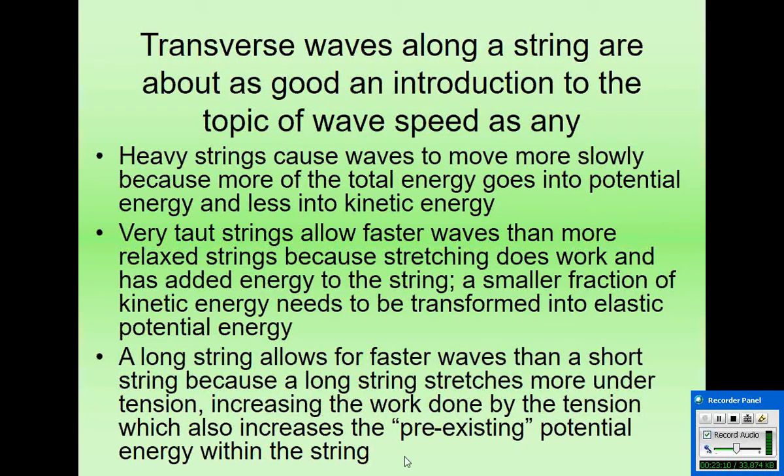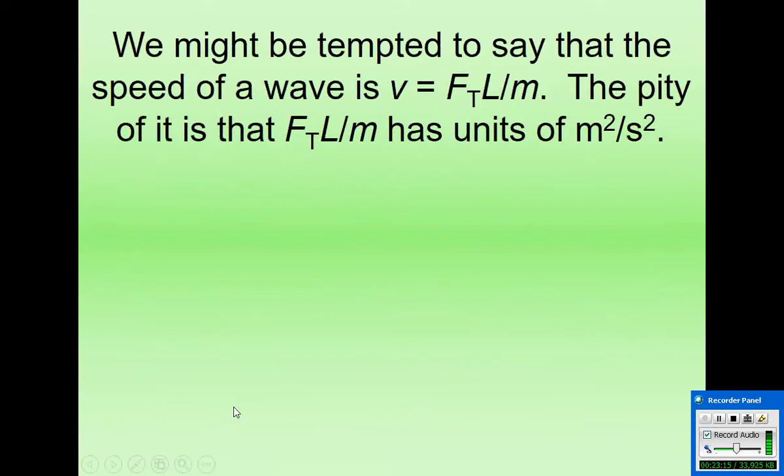So when we factor these two in together, we might be tempted to say that the speed depends upon the tension and the mass and the length. And wouldn't it be nice if we could say v is equal to the tension times the length divided by the mass?